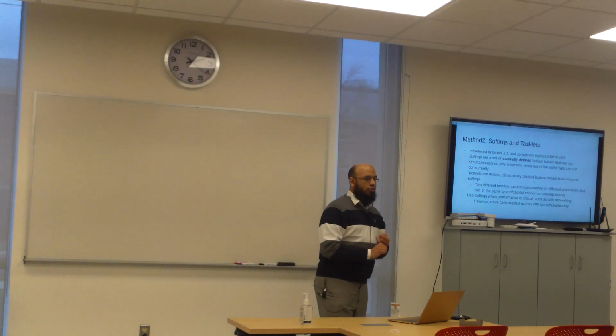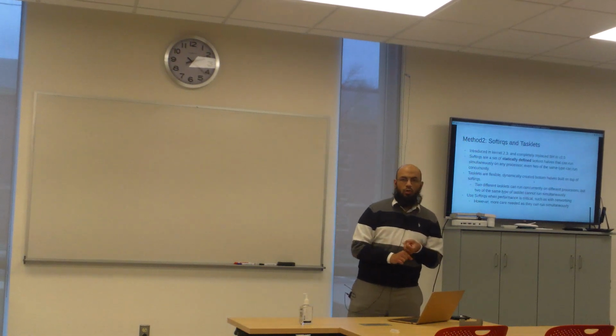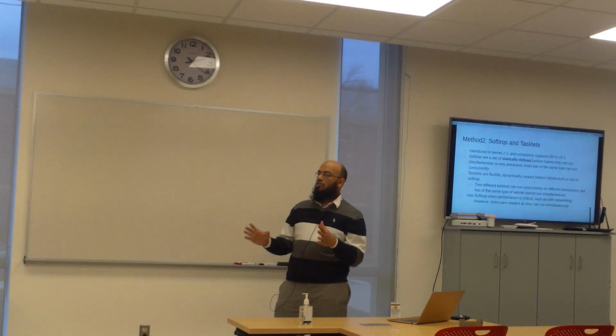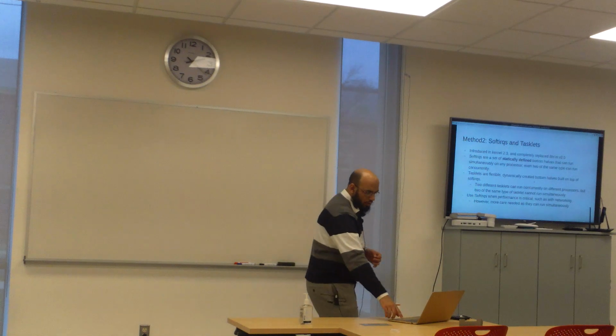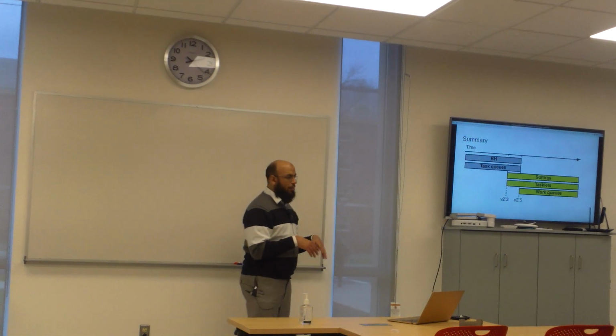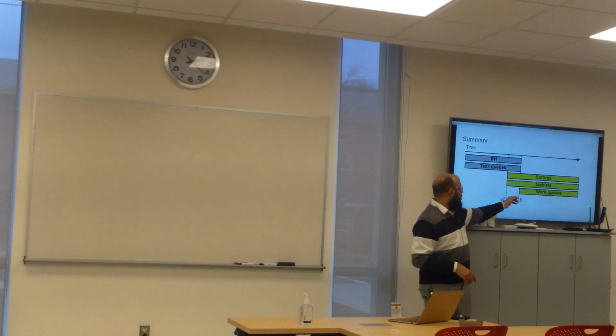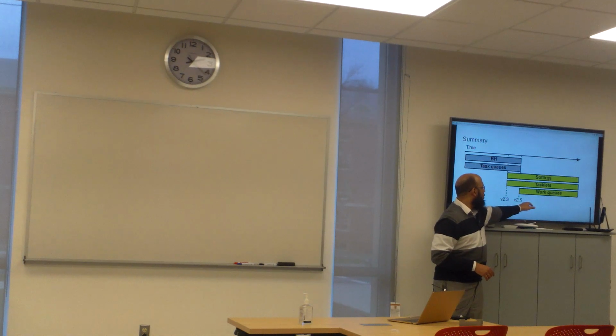SoftIRQs are used when performance is totally important. The networking subsystem has its own predefined softIRQs. So this is a timeline summary of how things evolved. You had softIRQs in version 2.3. Work queues, which we'll talk about, were introduced in version 2.5.